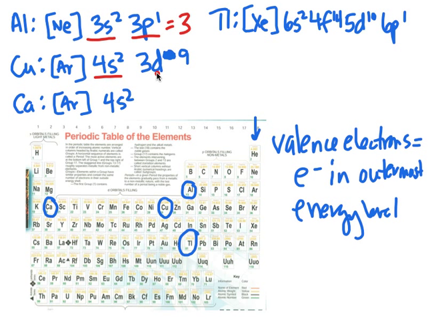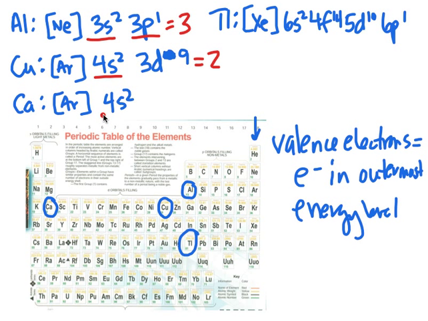For copper, the outermost energy level would be the fourth. The reason we don't include the third is because the fourth energy level is a higher energy level than the third energy level, so we only count the electrons in the fourth energy level, and we would say that there are 2 electrons in the outermost energy level for copper, so 2 valence electrons.